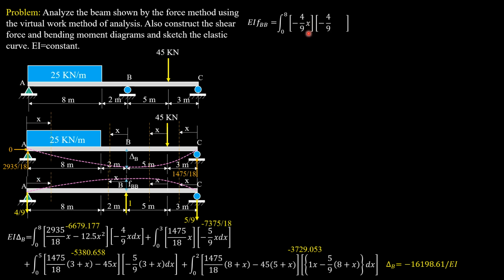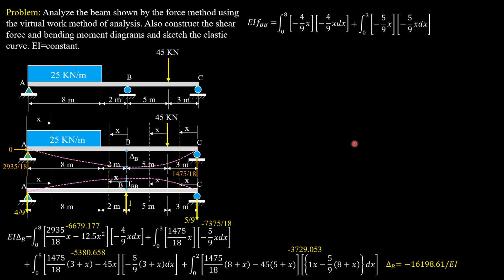Again, this is due to the actual load, supposedly 1 kilonewton, and this is for the unitless load. We have the same moment at this section. In this section, we have negative 5 over 9 times x, then negative 5 over 9 times x dx, 0 to 3.